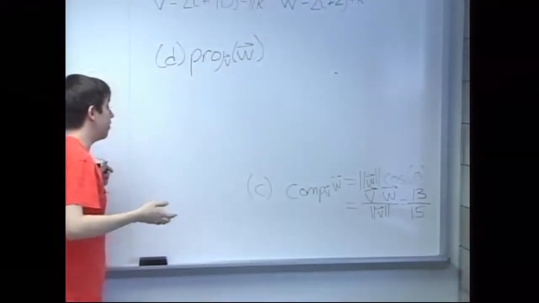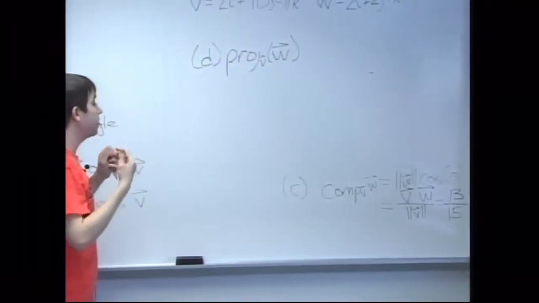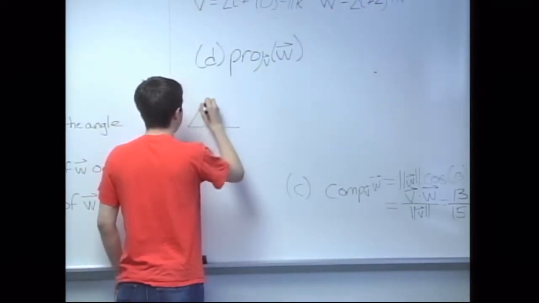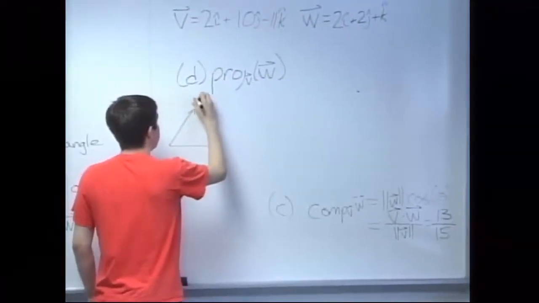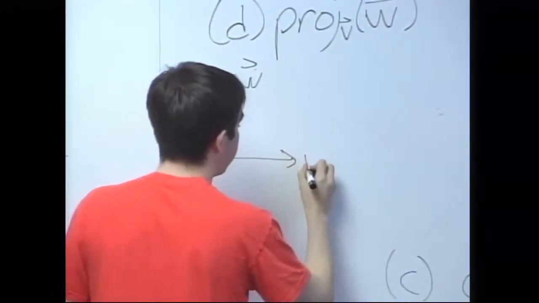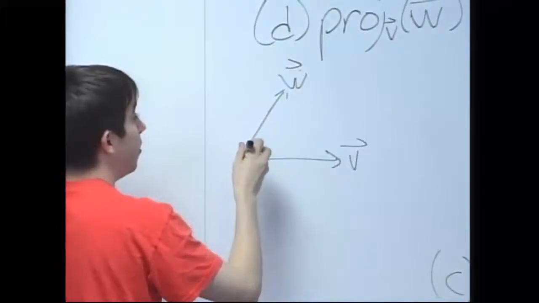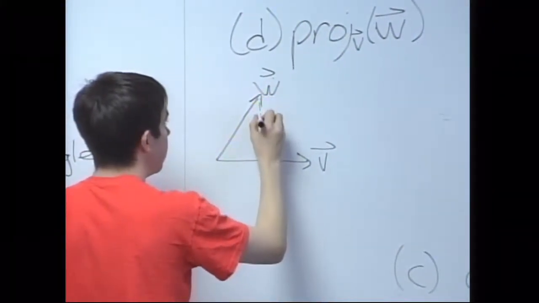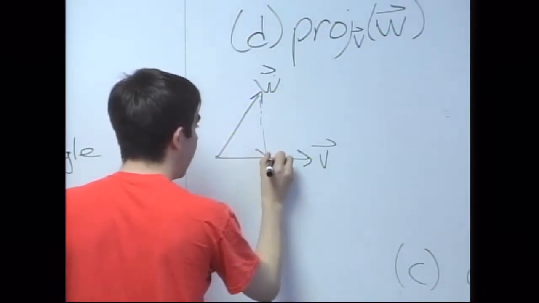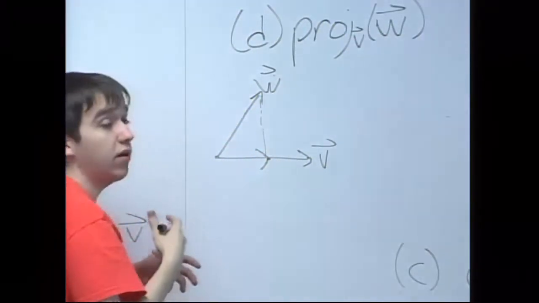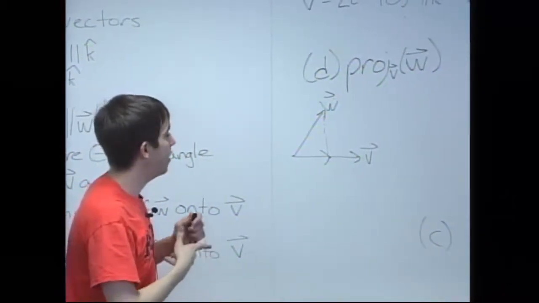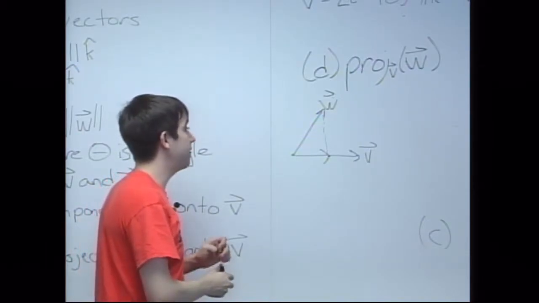And this is a vector with length. Now I'll go ahead and draw an image of it because it makes it a little bit easier to show. So if this is vector w and this is vector v, then the projection of w onto v is this vector right here, starting here and ending here. So it's going to have a magnitude equal to the component of w onto v, and it's going to be in the same direction as v as well.